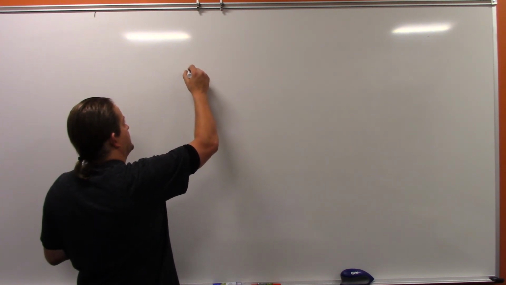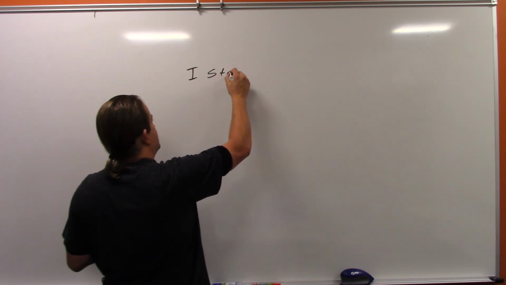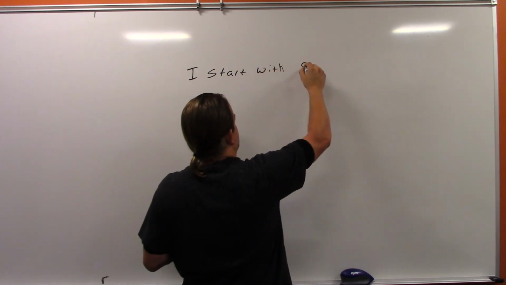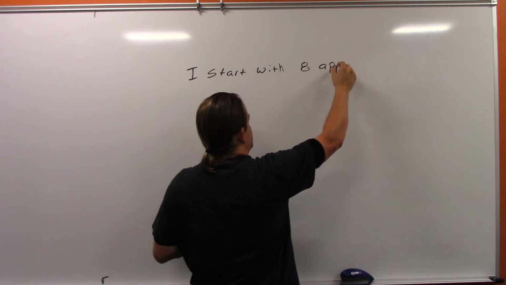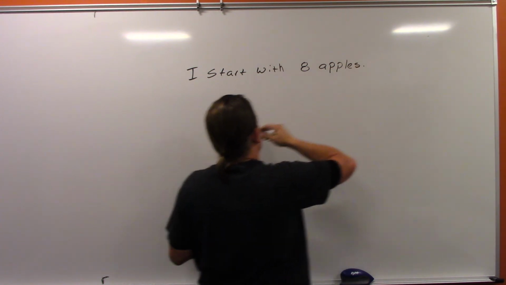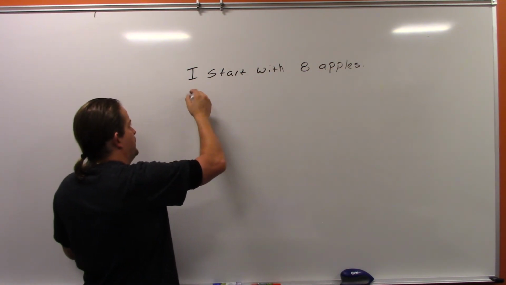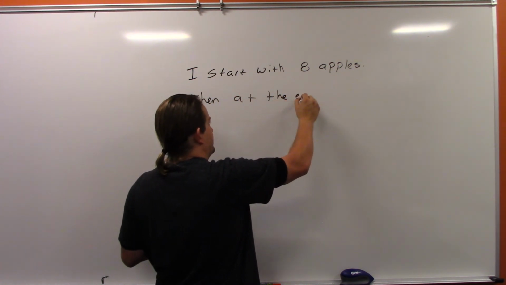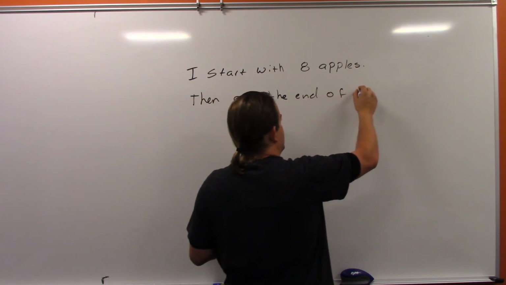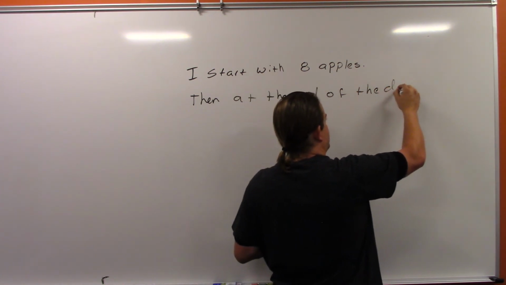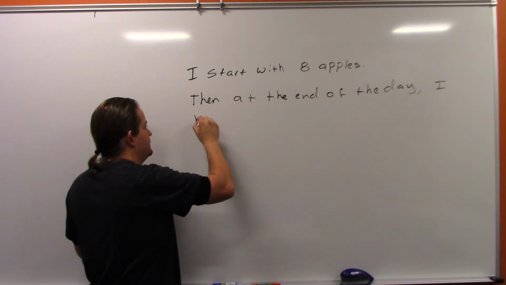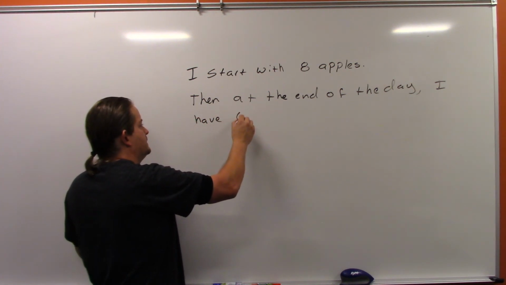So for example, I start with 8 apples. And then at the end of the day, I have 6 fewer.